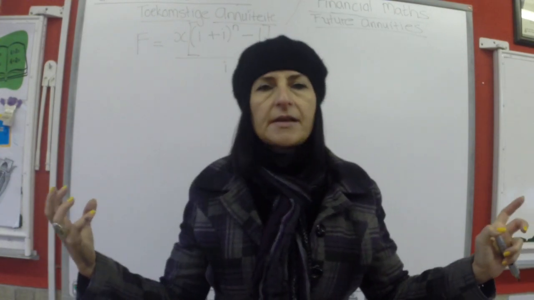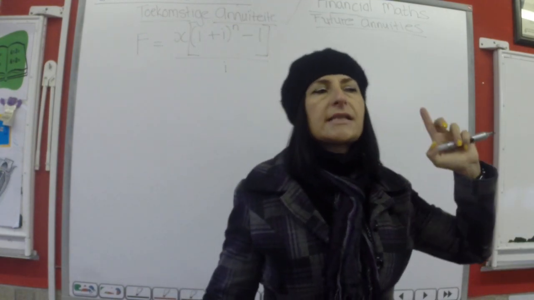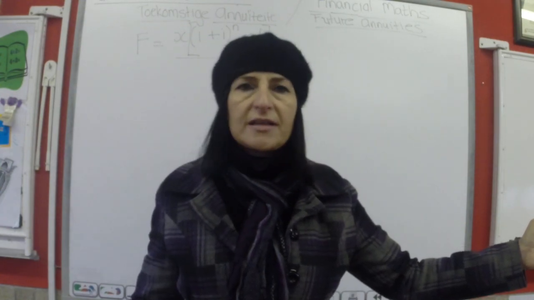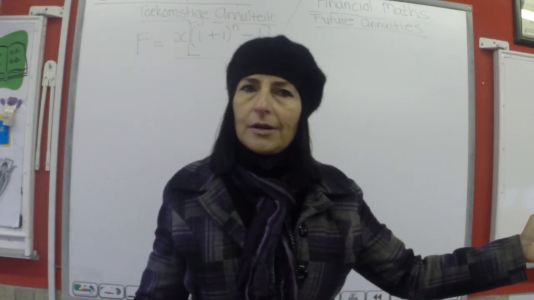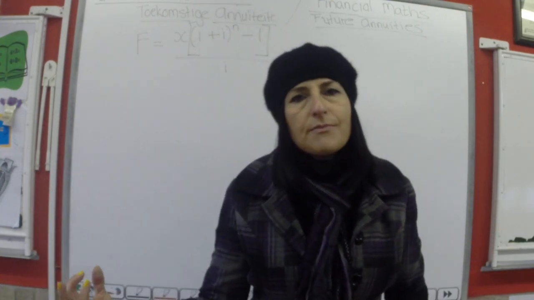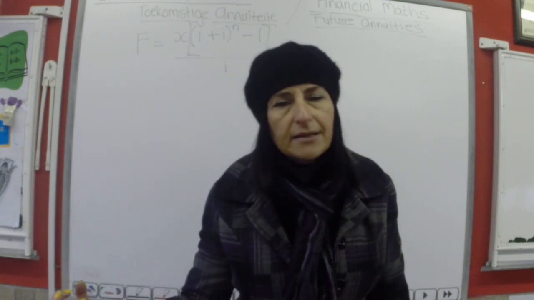If your answer is at the end of the time frame, then you know it's a future annuity. It doesn't matter whether it's an investment or a loan. You ask that question all the time. If you've got access to the money at the beginning of the time frame, it's a present annuity.